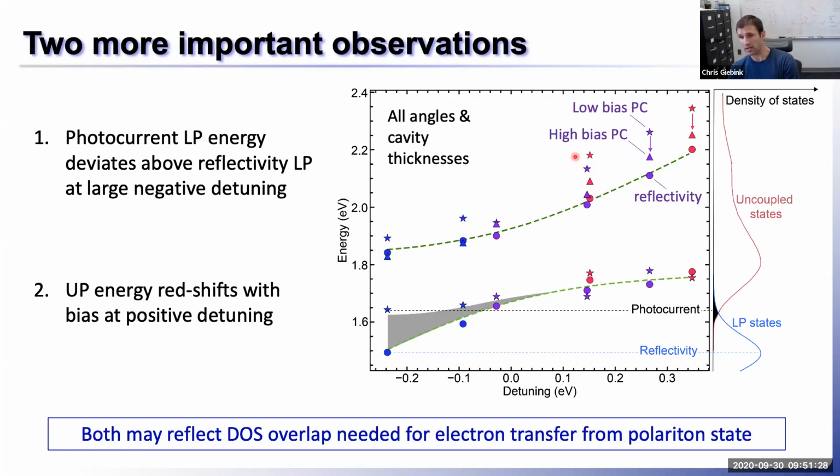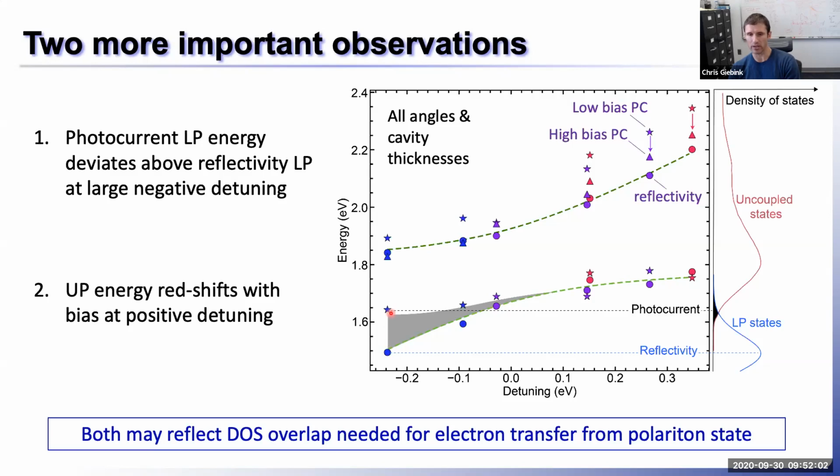One, in the upper polariton at high detuning, we see a red shift in the photoconductivity's peak as we increase the bias. And two, the photocurrent polariton follows the dispersion at larger detuning, but it's not as low in energy as the polariton in reflectivity here.